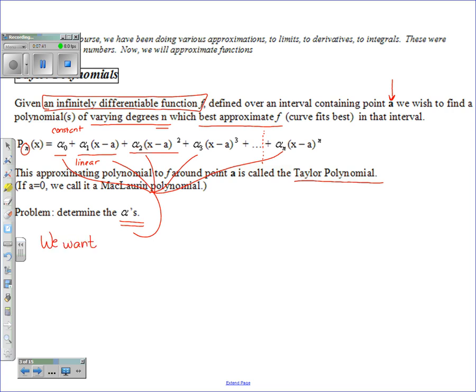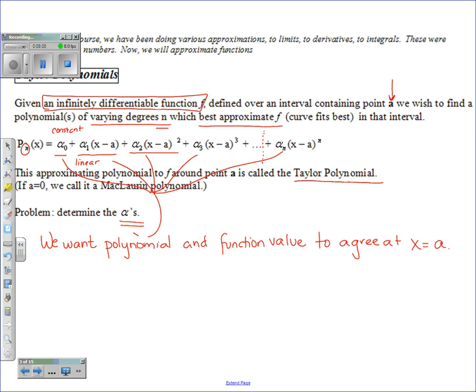we want the polynomial function values to agree at x equals a.